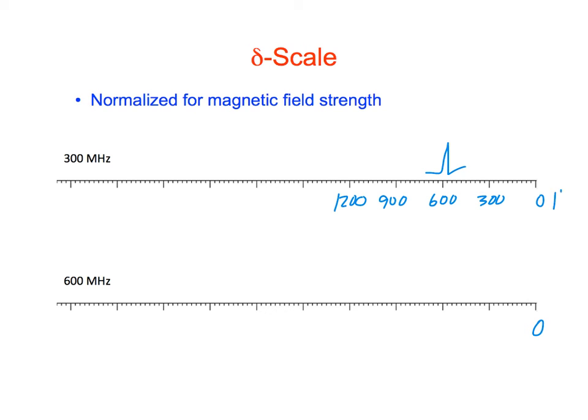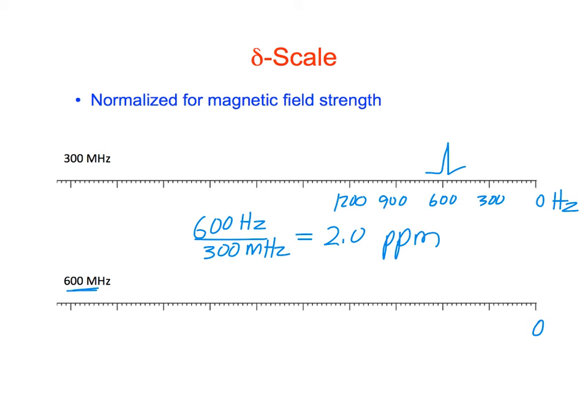Okay, and so, for example, if we had a peak, these are in hertz, here's our signal at 600 hertz, we divide it by 300 megahertz, and we call this 2.0 parts per million, because it's hertz per megahertz. Okay? If we ran this same sample at 600 megahertz, then the spectrum goes like this.